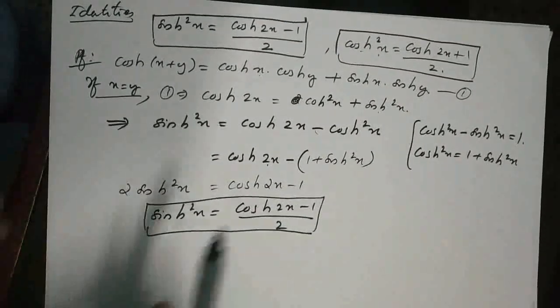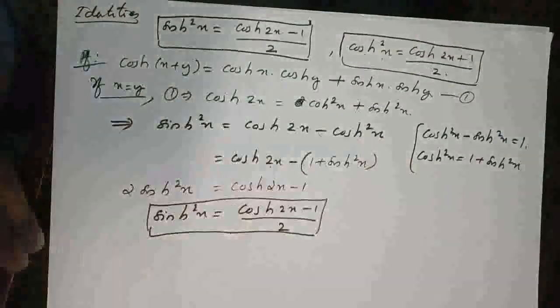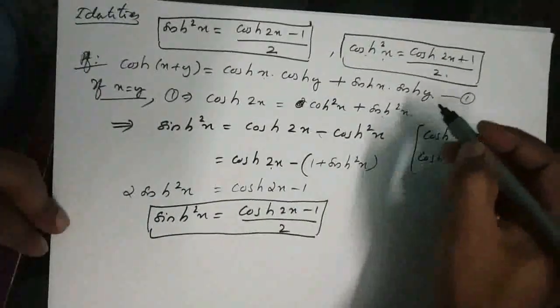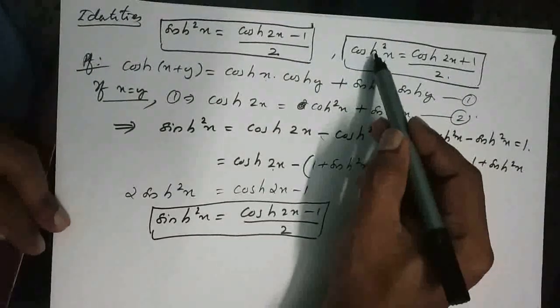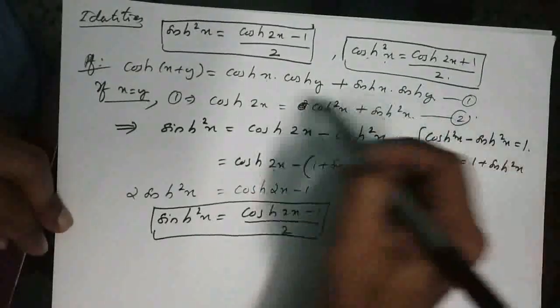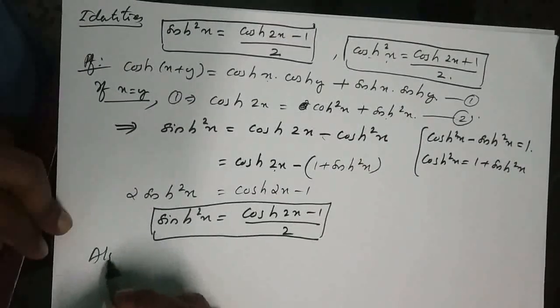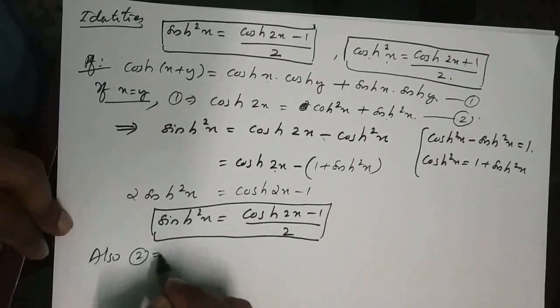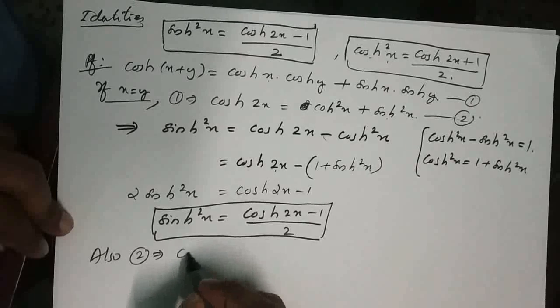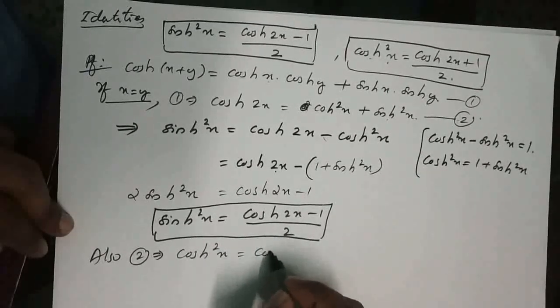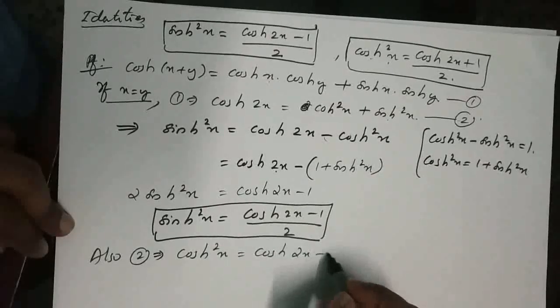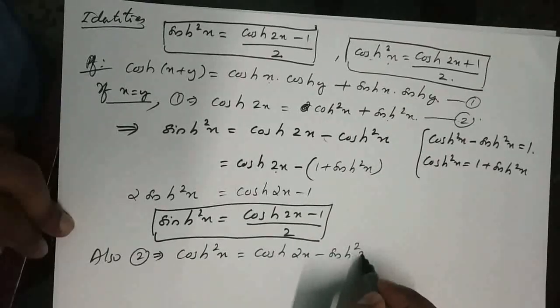In a similar way we can find cosh square. From this also, equation number 2. Now to find cosh square x, from 2 we get cosh square x is equal to what? Cosh of 2x minus sinh square x, right?